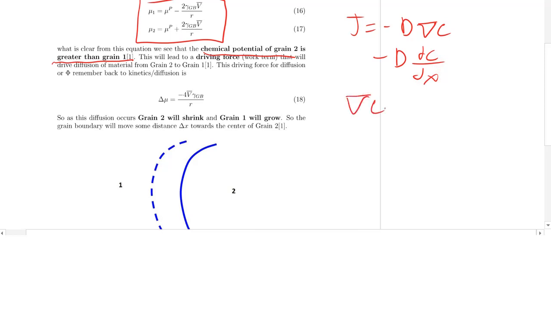Grad C is very closely related to a gradient in chemical potential. We showed this, so read the OER in lecture 4 to refresh. Gradients in concentration and gradients in chemical potential are pretty closely linked. There are some factors, but it's approximate.